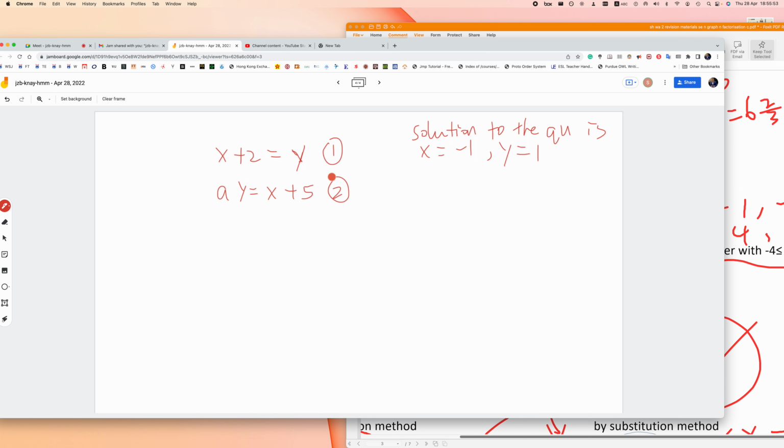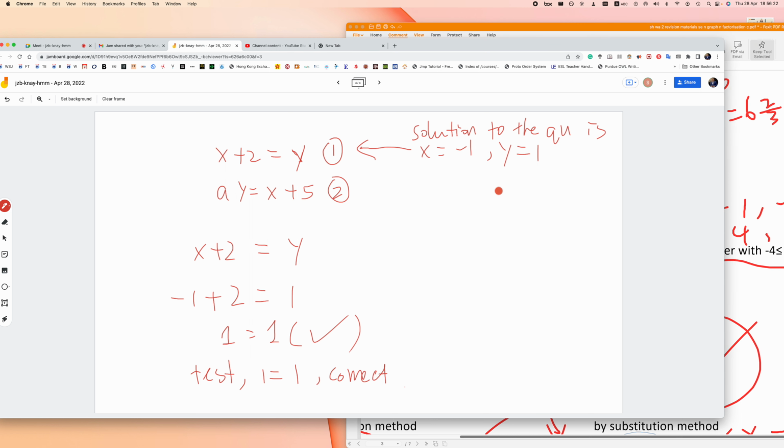Okay, so what's your first step? Test for 1. So you put it in. So x plus 2 equals to y. So you put x equals to minus 1 and you put y equals to 1. Use your calculator. So you have 1 equals to 1. Okay, yes. So test 1 is equal to 1. Correct. That's it for your equation 1.